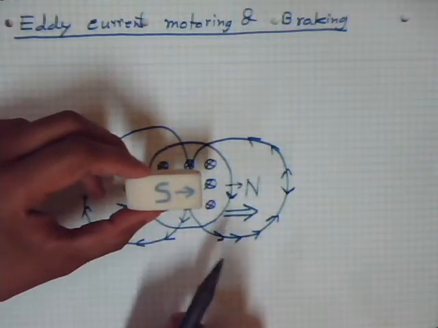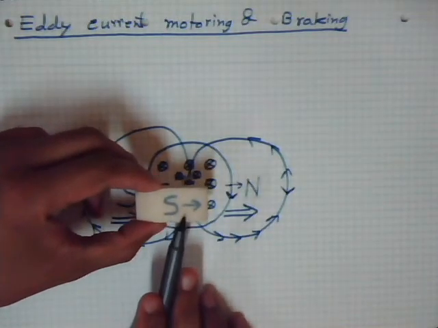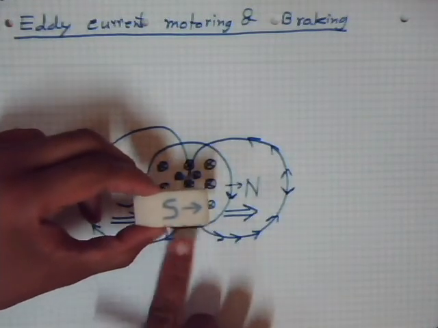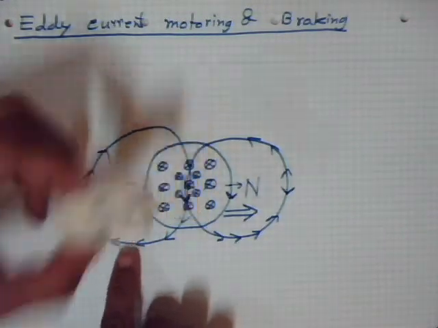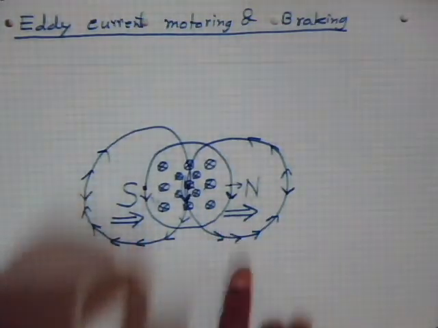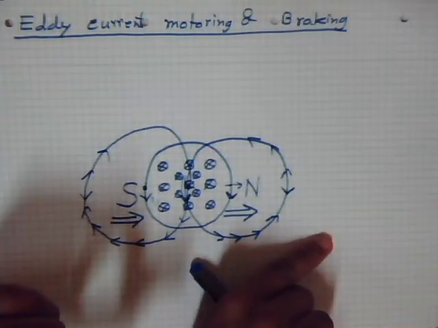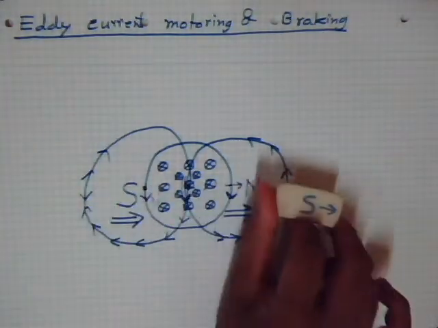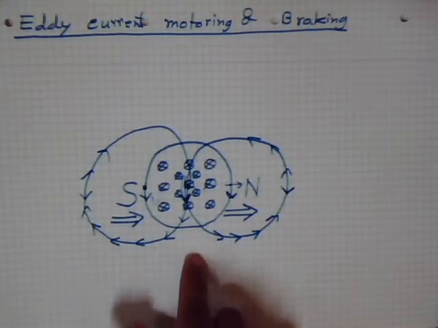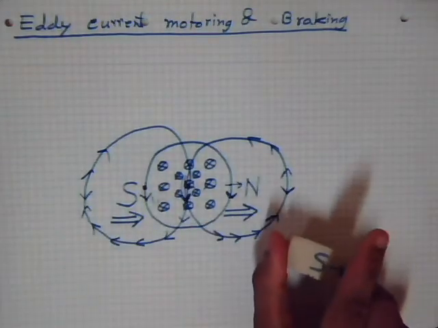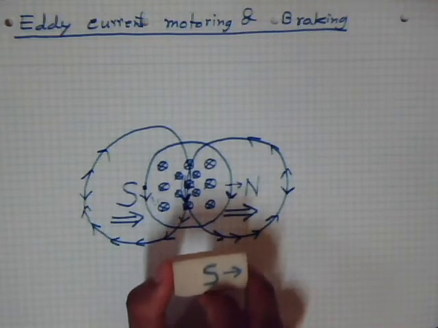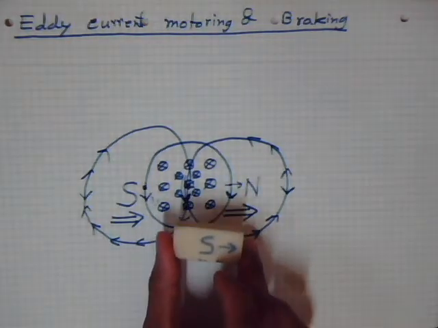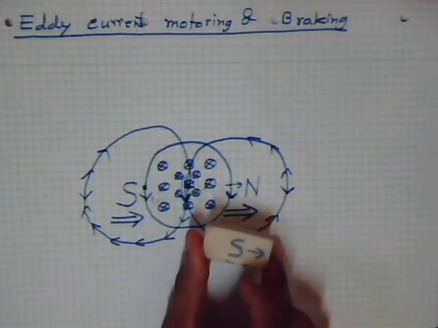If you remember, we moved this magnet towards the right, and the effect was a net resulting force acting on this sheet, which is again towards the right. So if I move the magnet towards the right, the metal sheet is pulled towards the right. In other words, the relative motion between the magnet and the metal sheet is compensated.